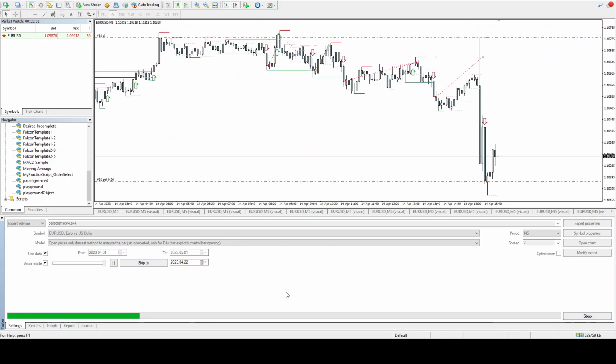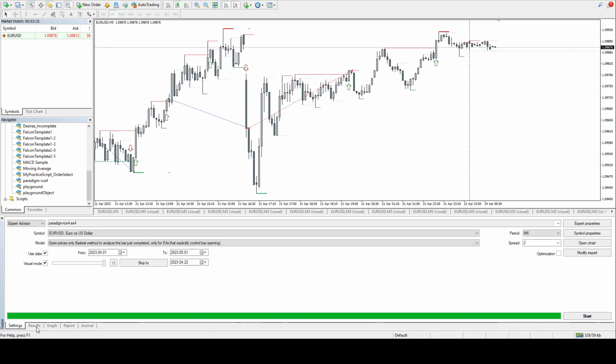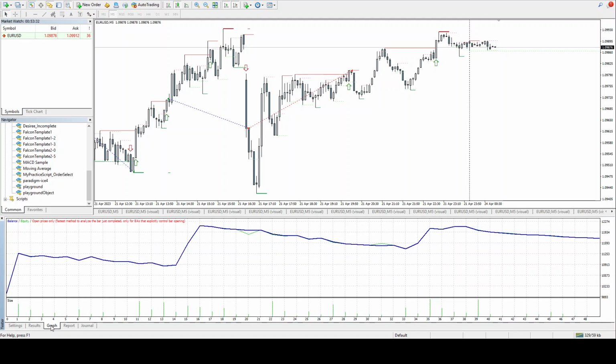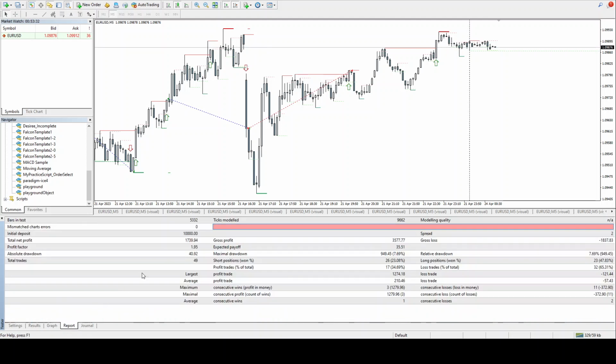So let's run it, and look at the equity. See how smooth the equity curve is when we enable the Q zone filter. Let's go to the report. 17%. So this is now much better, and the absolute drawdown has reduced by just $5.